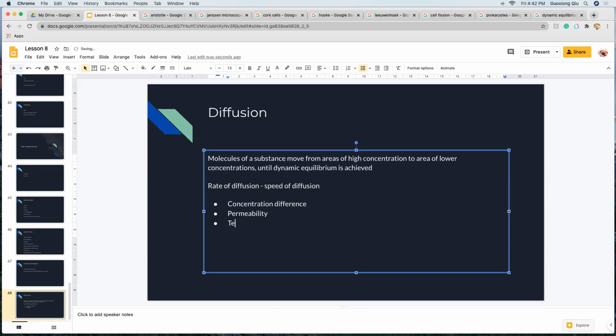Next up, temperature. As you probably learned last year in science, when something is heated up, more energy or heat causes the stuff within the body to become excited and start moving faster, causing a higher diffusion rate.